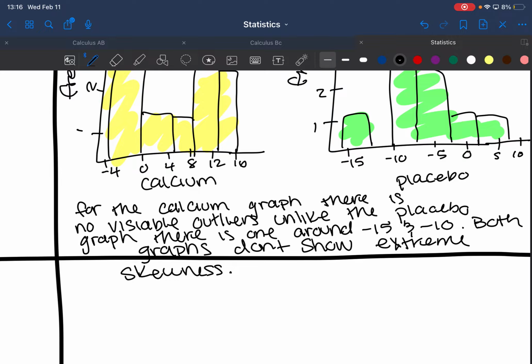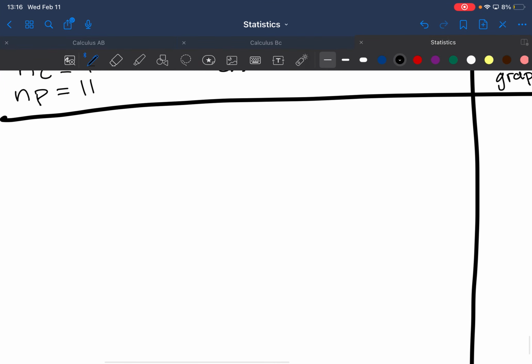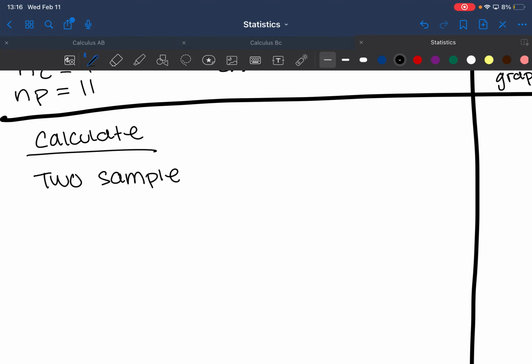Okay, so now we're on to conclusion. Okay, and since this is a significance test, remember we're taking our p-value and comparing it to alpha. So looking at our p-value, we would say since our p-value equal to 0.064 is what?